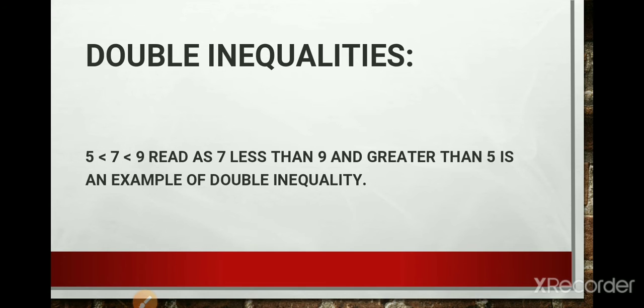Then we'll see the double inequalities. I will read this: 5 is less than 7, less than 9. Read as 7 is less than 9 and greater than 5. This is an example of double inequalities.